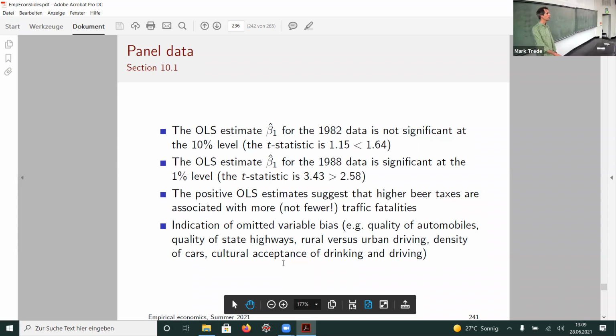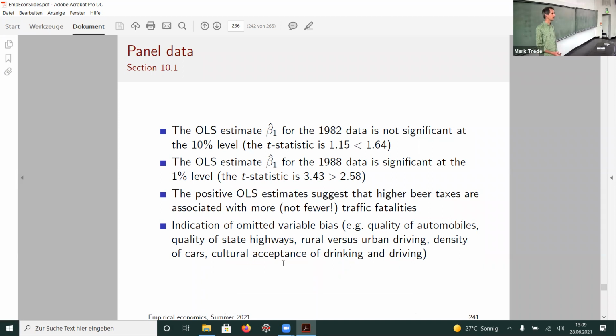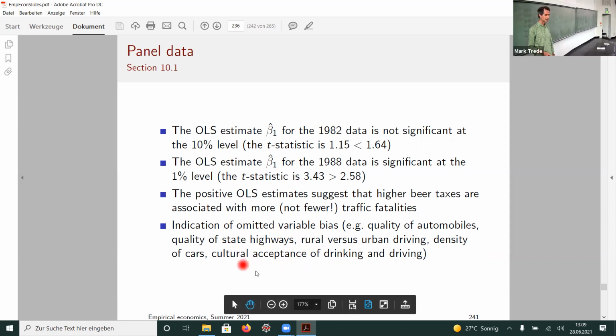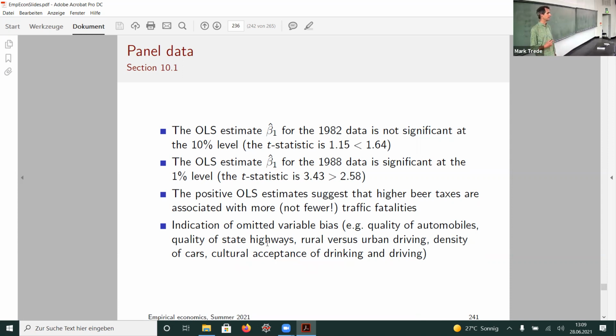It might be common practice in some US states to drive even if you're drunk. I don't know. But in that case, those places are more likely to have lower beer taxes than other places. So we have different reasons why we could observe this strange result: omitted variables, reverse causality, and so on.